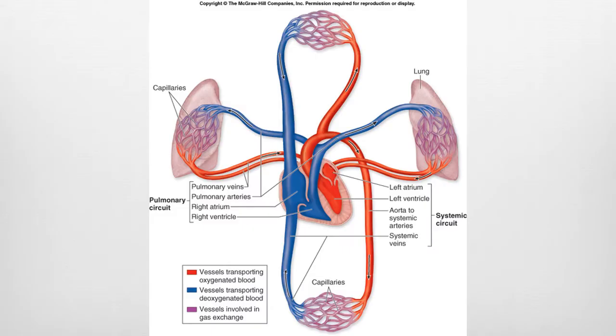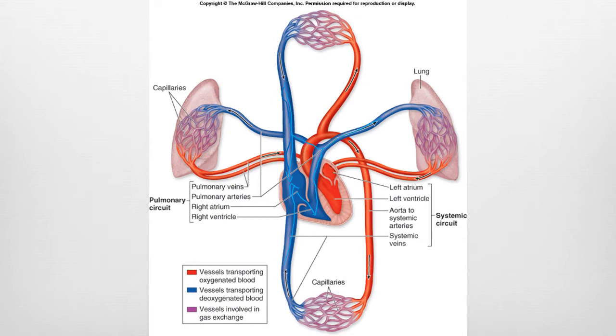Here we can see a simplified version of that process. Blood comes back from circulation into the right side of the heart, coming into the right atrium, then into the right ventricle, and out through the pulmonary trunk and into the pulmonary arteries.